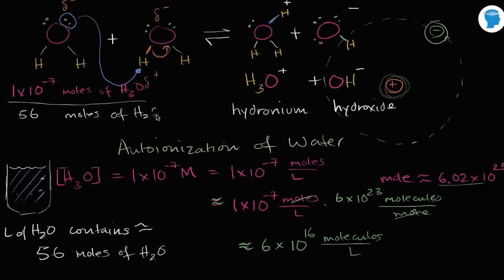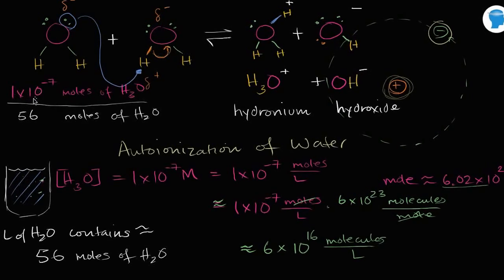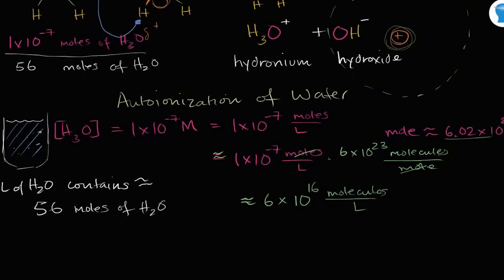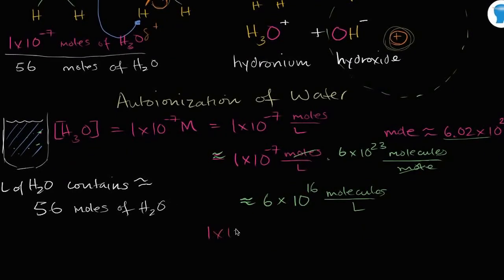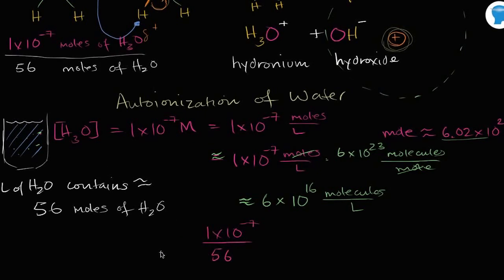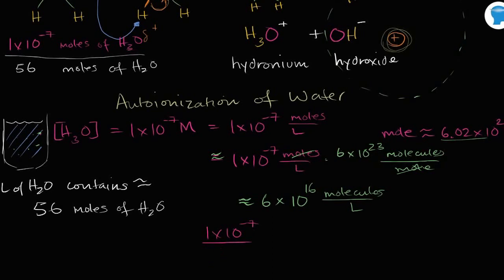So if you look at this ratio, then you start to appreciate the ratio of 1 times 10 to the negative 7 to 56. Let me do it down here. 1 times 10 to the negative 7 to 56 is the same thing as, let's multiply the numerator and the denominator times 10 to the 7th.